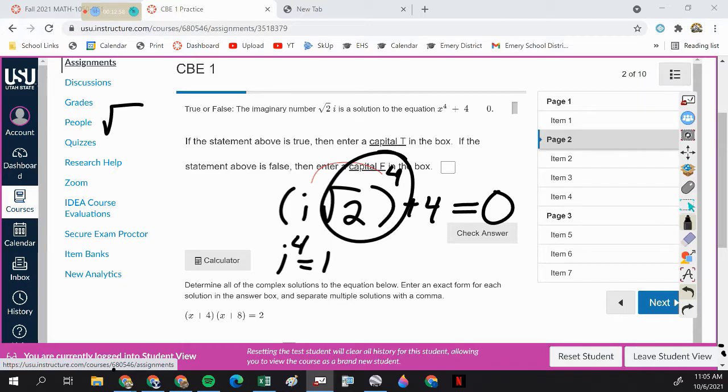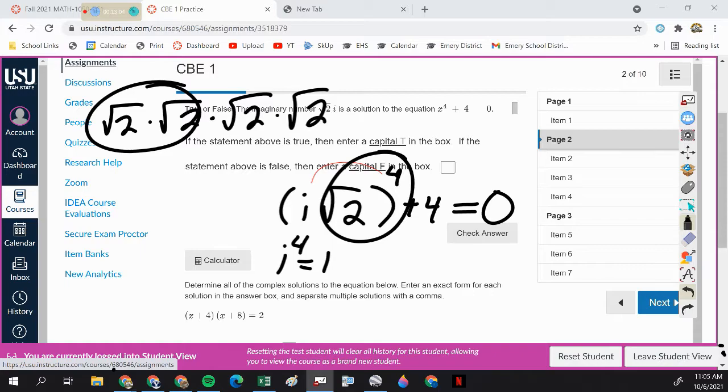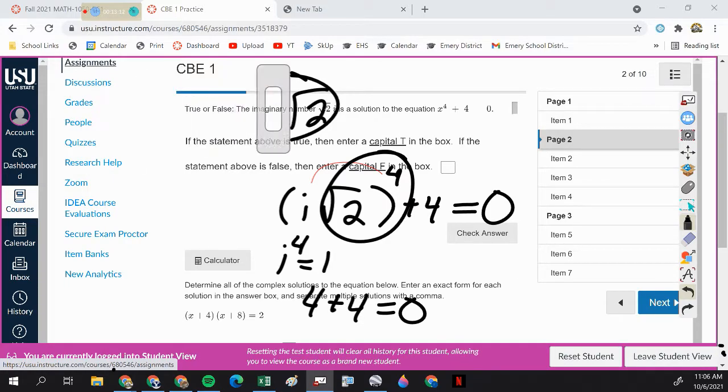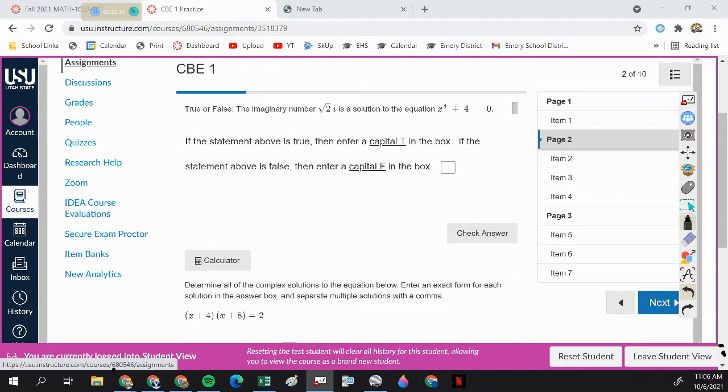Or you could write this out 4 times. This is a 2 and this is a 2. So I get positive 4 plus 4. Is that equal to 0? No. Okay. What if it said minus right here? Then we would get 4 minus 4, which would be 0. So yes, that would be a solution.